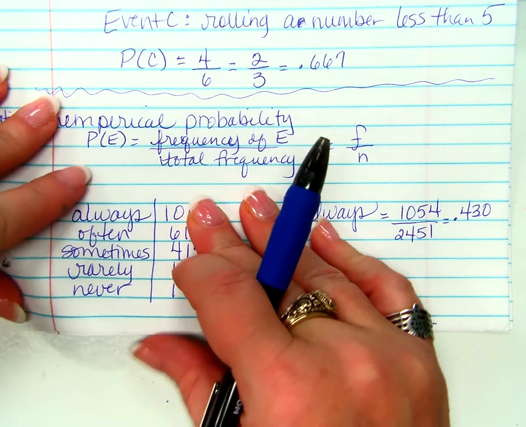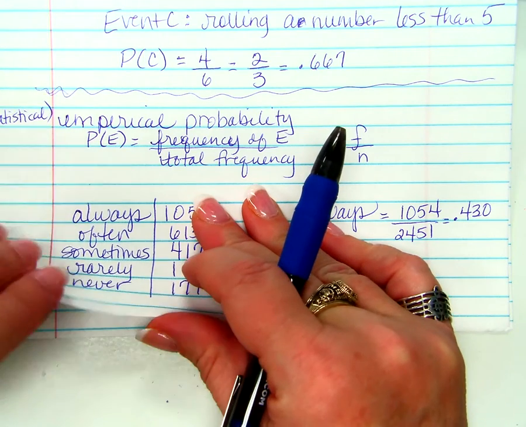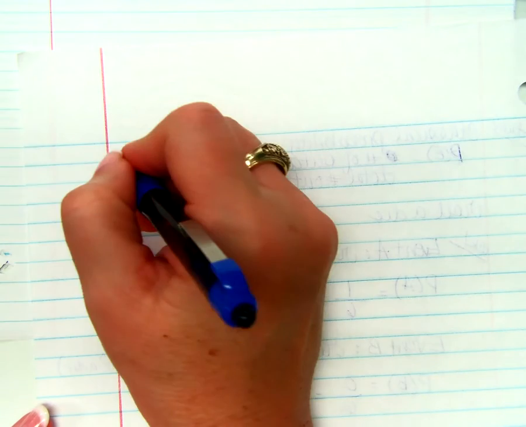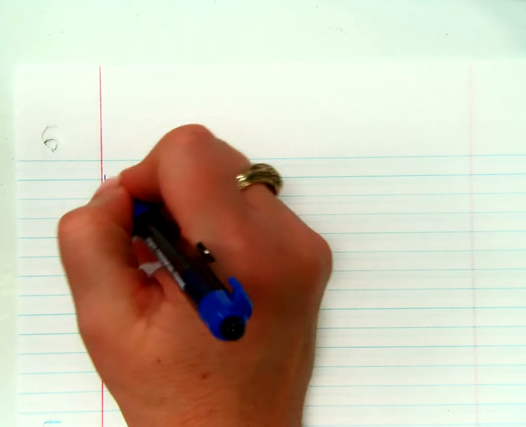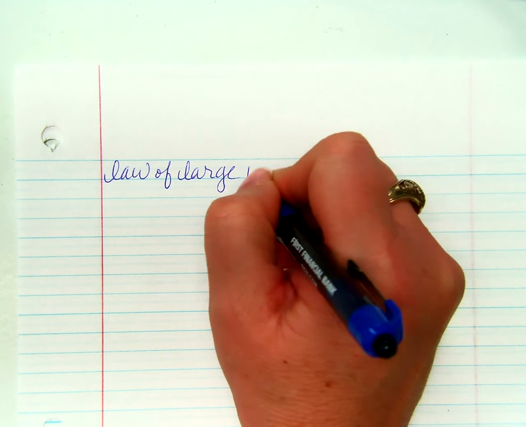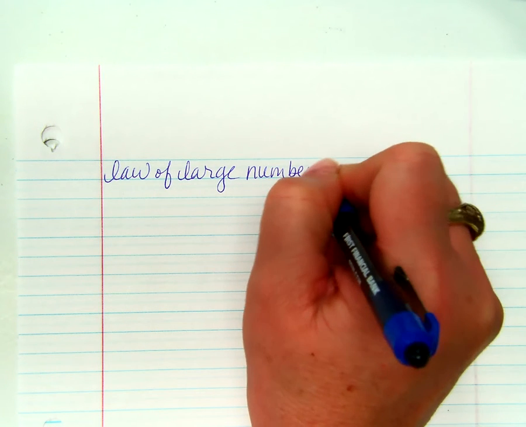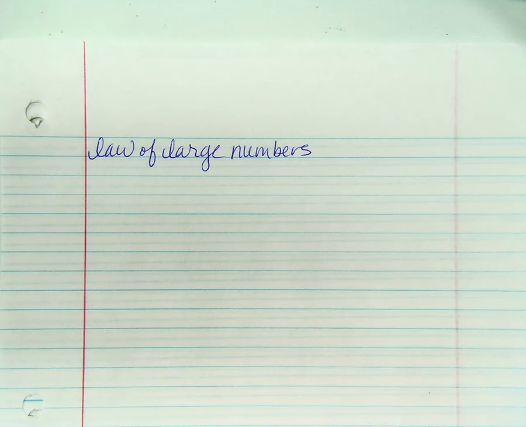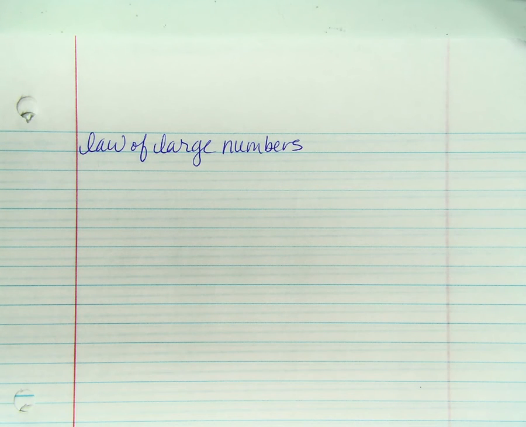Okay. What I need you to know about classical probability versus empirical probability is there's such a thing as the law of large numbers. Anytime I'm doing theoretical or classical probability, have I touched a die?